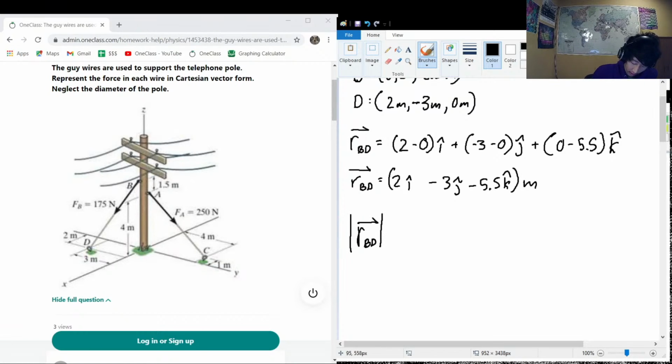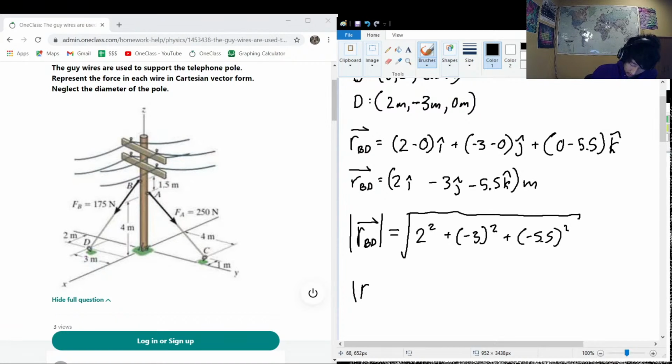Okay, now we can quickly get the magnitude of RBD. Going much faster now than I was the first time because, well, things should be easier the second time around. Plus negative 5.5 squared.